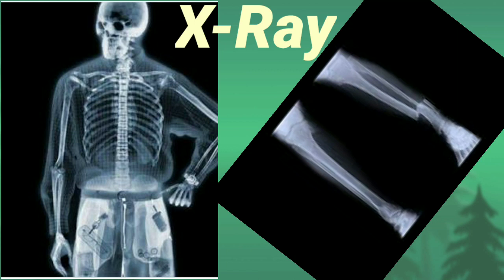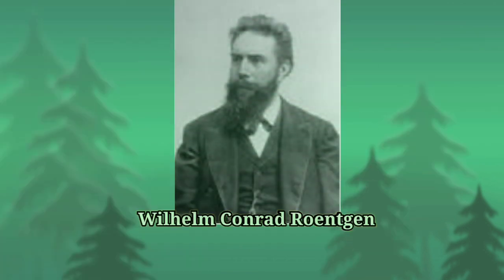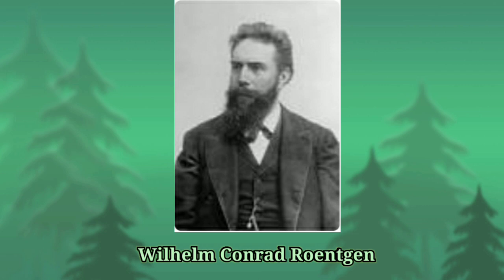An X-ray image shows whether a bone is broken and also the exact spot where it is broken. This helps in providing the proper treatment. X-rays were discovered by a German physicist named Wilhelm Conrad Röntgen.